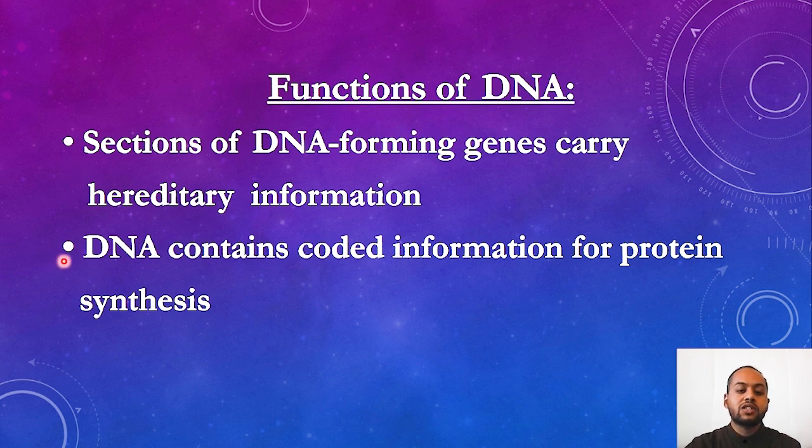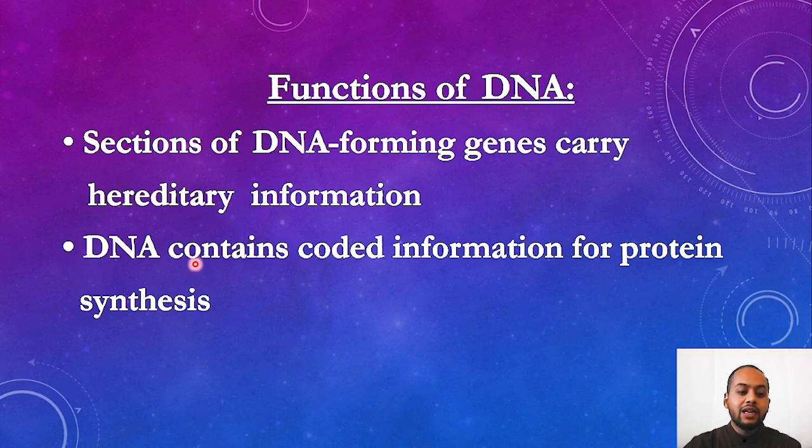The second important function of DNA is that DNA contains coded information for protein synthesis. So what exactly do we mean by this? Towards the end of this topic, when we end off DNA, the code of life, the last aspect of this topic, we will touch on protein synthesis. We will go through the process that is going to allow us to see how a protein is actually formed.